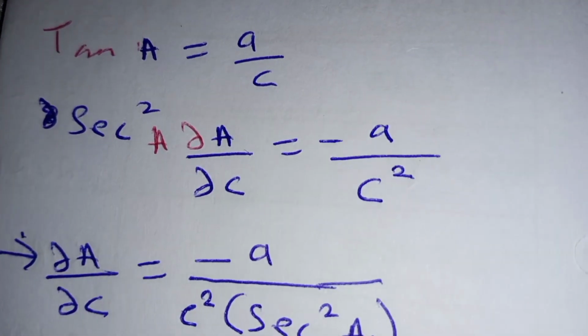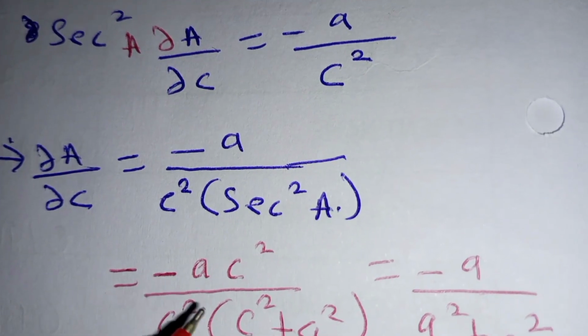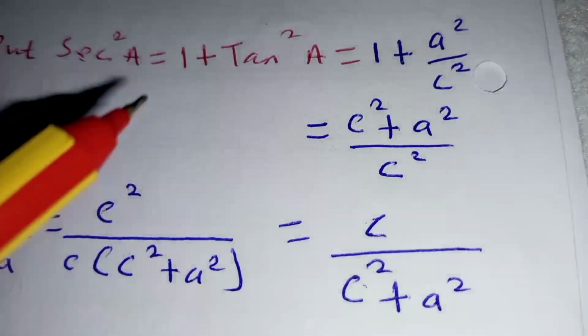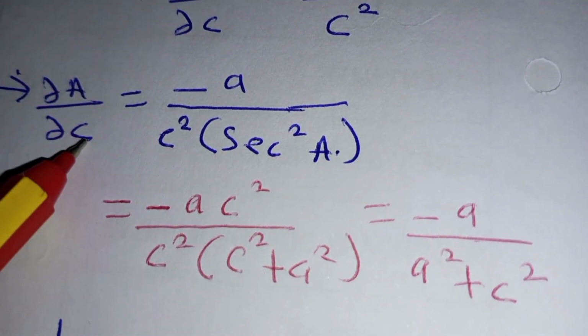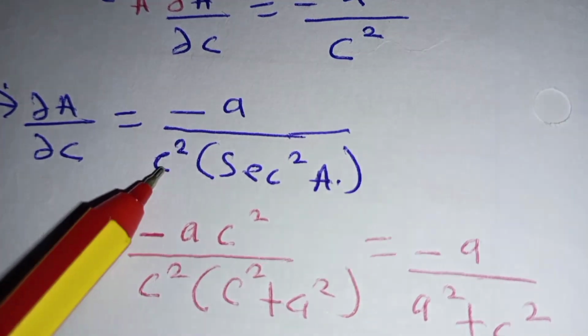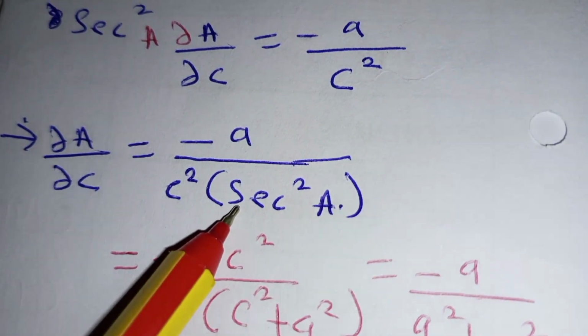Then you divide both sides by sec squared of A, and you also make use of the identity up there, whereby sec squared A is the same as 1 plus tan squared A. So we realize that the partial of A with respect to c is negative a divided by c squared, into bracket sec squared A.